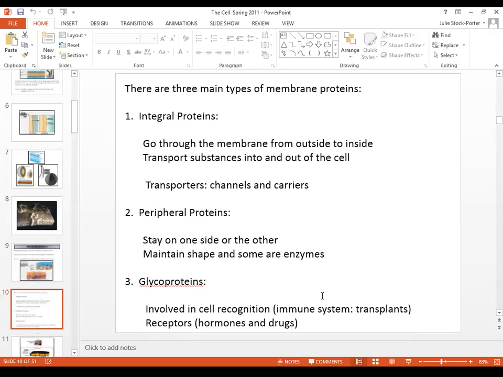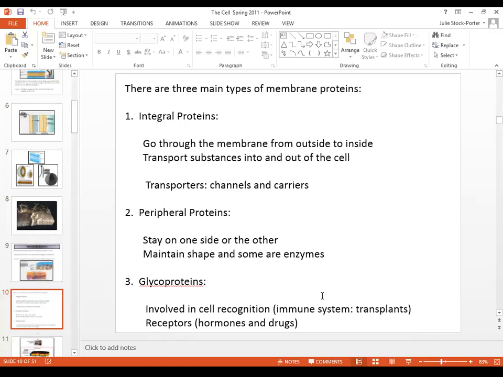So you have a successful transplant. In the case that the transplant is rejected, these glycoproteins act to say, this isn't going to go. These are not friendly cells. They're going to call the immune system, and the immune system is going to fight them. So then you have a rejection, and you have to have that transplant removed.